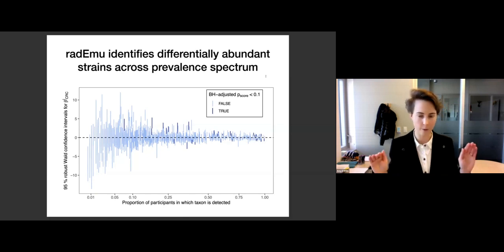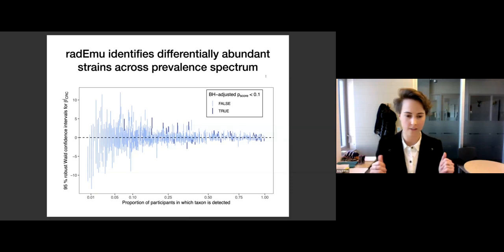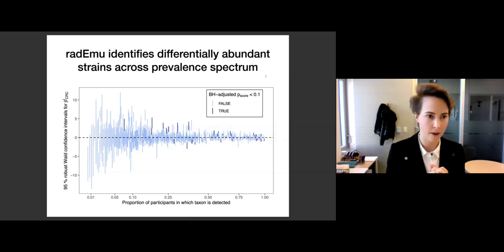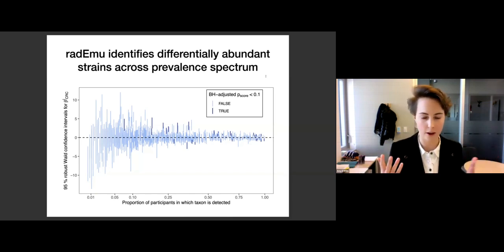Okay, so what I've plotted here is the same y-axis data and the same color data, but instead of just arbitrarily ordering the microbial strains, I'm now plotting on the x-axis the proportion of participants in which each taxon is detected. So on the left-hand side of this plot, you can see all of the estimated effect sizes for microbial strains that were observed in only 5% or 10% of participants.